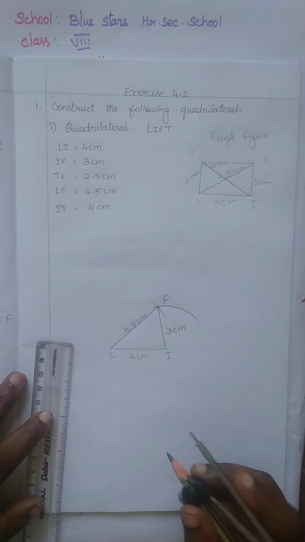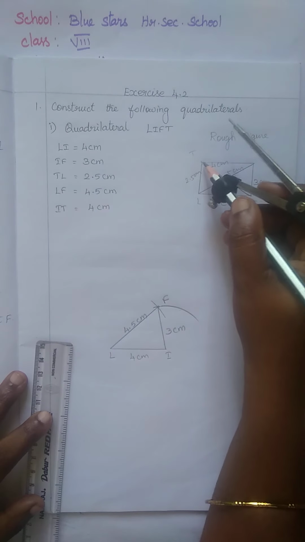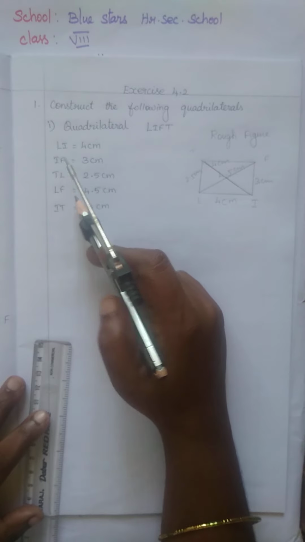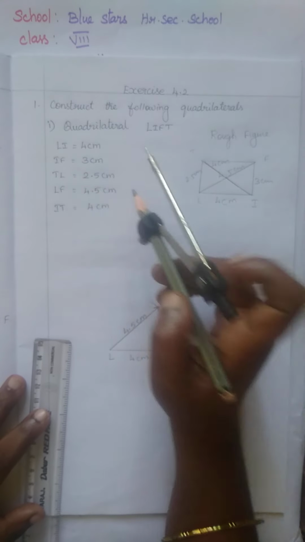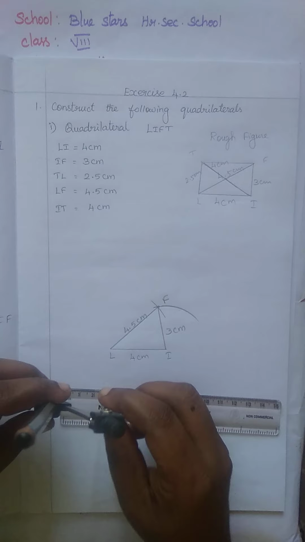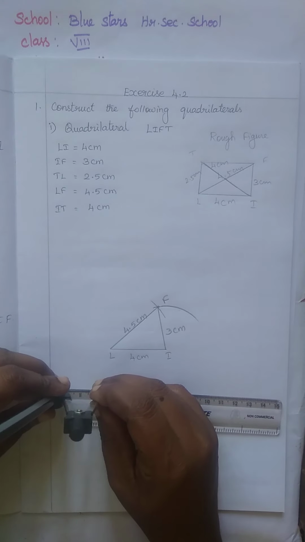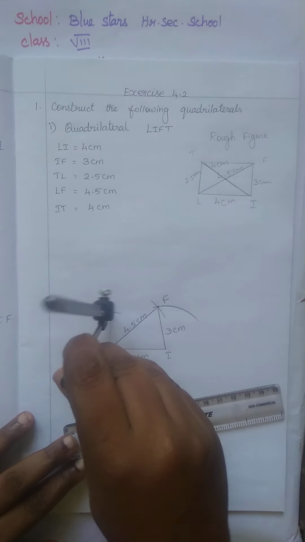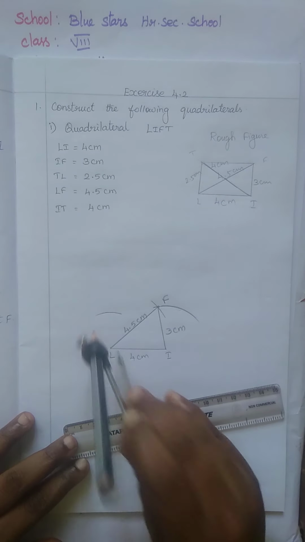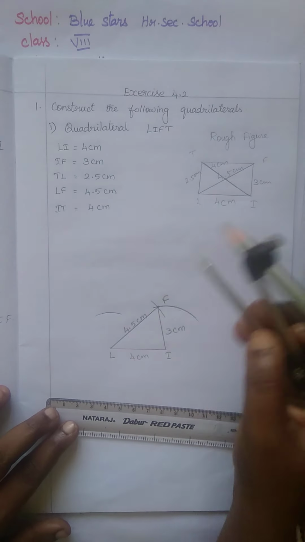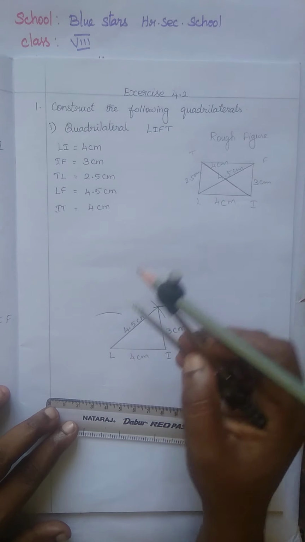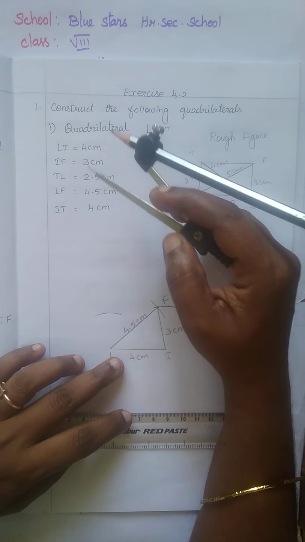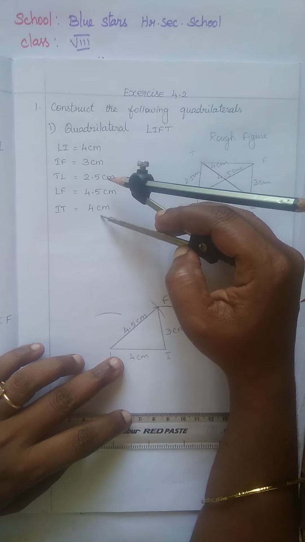Clear? Now we take LT. TL is 2.5 centimeter. Take 2.5 centimeter in your compass. Then the diagonal IT is 4 centimeter.